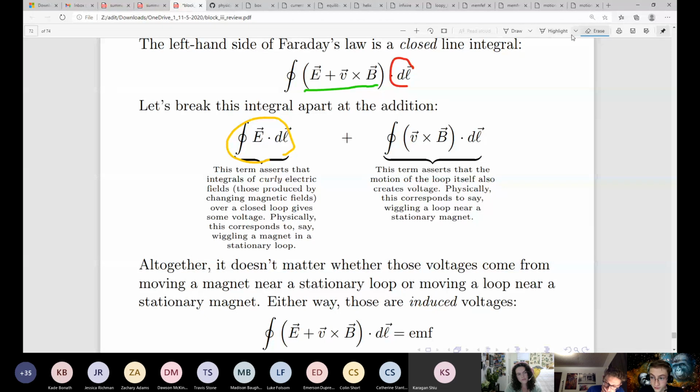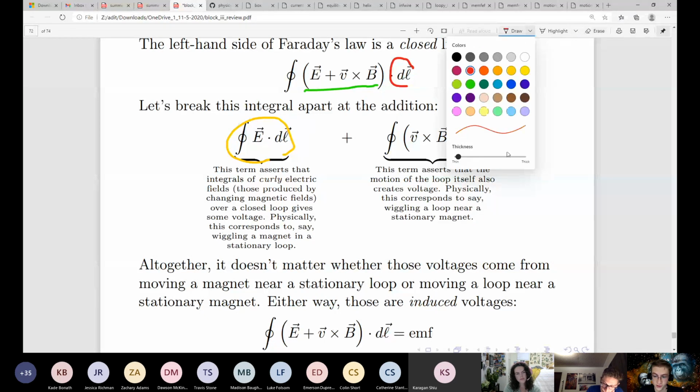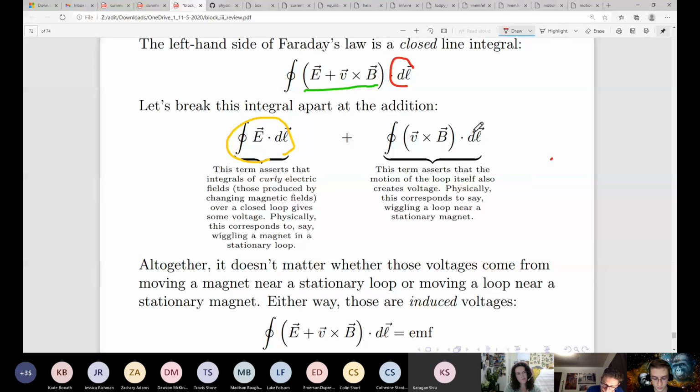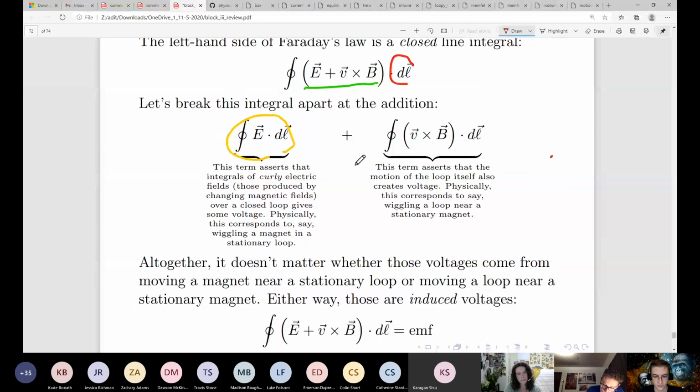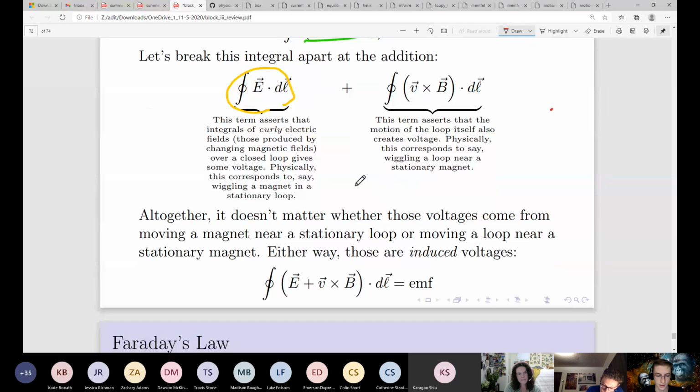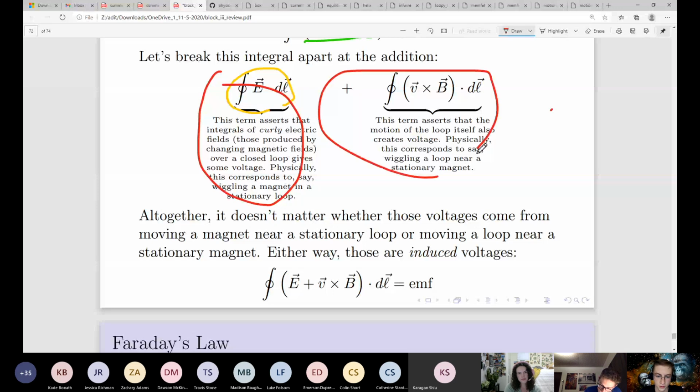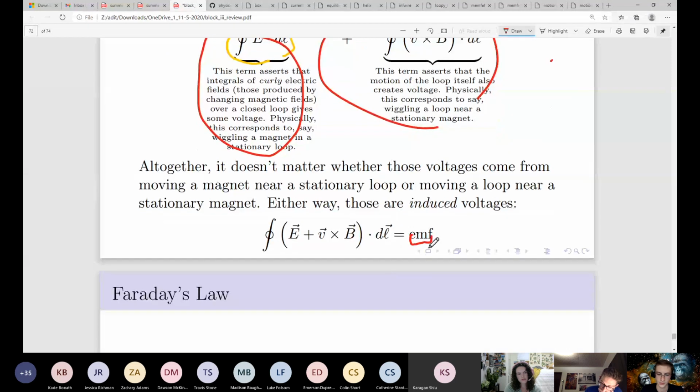Luckily for all of us, those are just concepts that are good to keep in mind, but we don't have to deal with the left-hand side of Faraday's law at all in Phys 2. Because what's neat about Faraday's law is that it doesn't care whether the induced voltages come from time-varying B fields, which would be that term, or from stationary B fields but moving the loop. It doesn't matter where the induced voltages come from. As long as there's a changing flux, there's going to be an induced EMF.